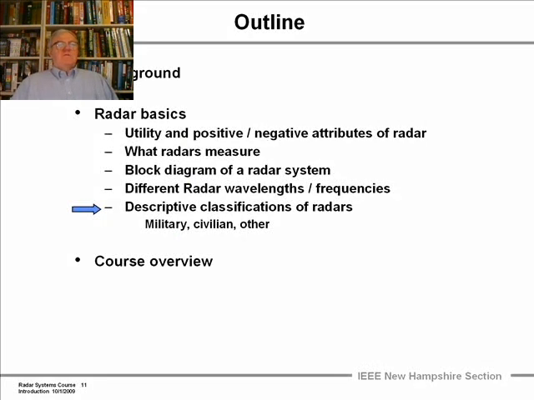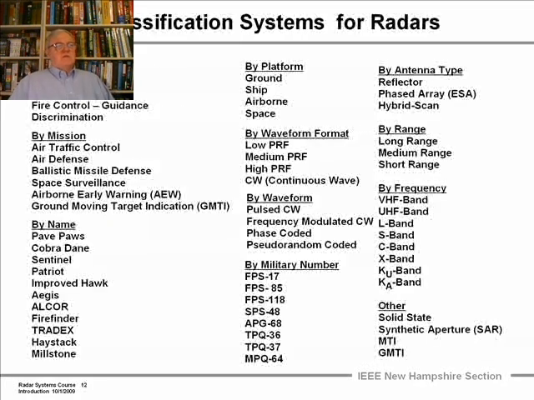Now I'm just going to spend a few minutes talking about the different ways we classify radars. There are all kinds of ways you can talk about it. You can say, oh, it's a ship-based radar, and then you can talk about it by the platform, the waveform format, the waveform itself, and then there are these funny names, and I'll go over them in a little more detail, or the characteristics of the technology used, or its functionality, the mission it has, and the actual function of the radar itself.